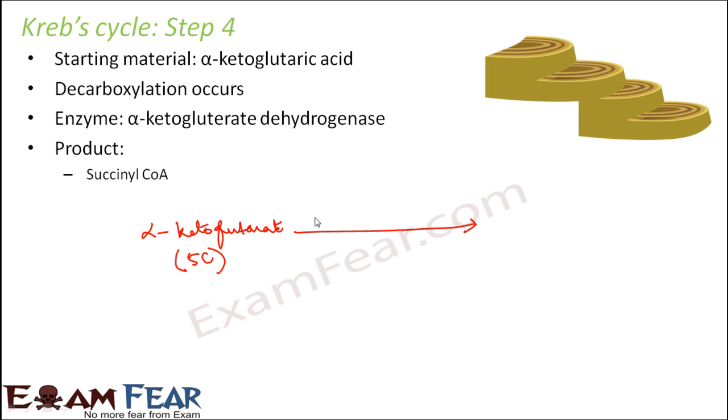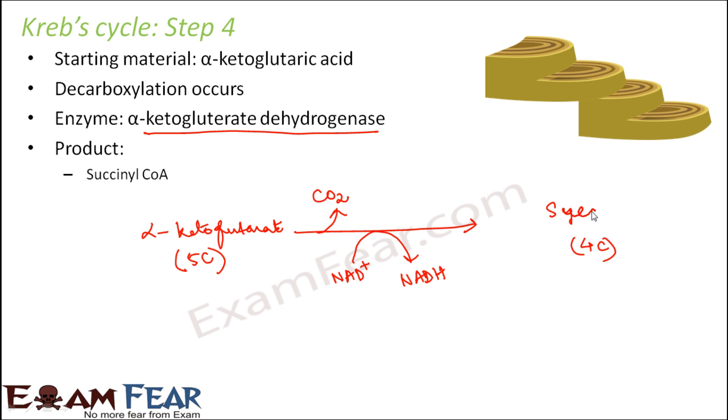This in presence of the enzyme alpha ketoglutarate dehydrogenase, it will lose carbon dioxide, that is decarboxylation will take place. Also during this process, NADH will be produced. Now when one carbon is removed, a 4-carbon compound is formed, and that 4-carbon compound is succinyl coenzyme A. So this is the product which is formed. Also NADH is formed and CO2 released.